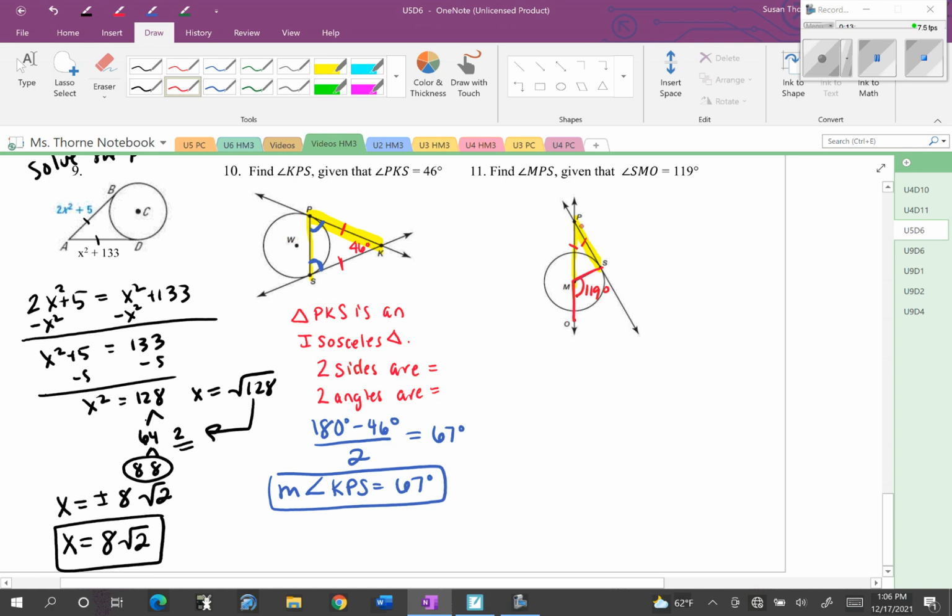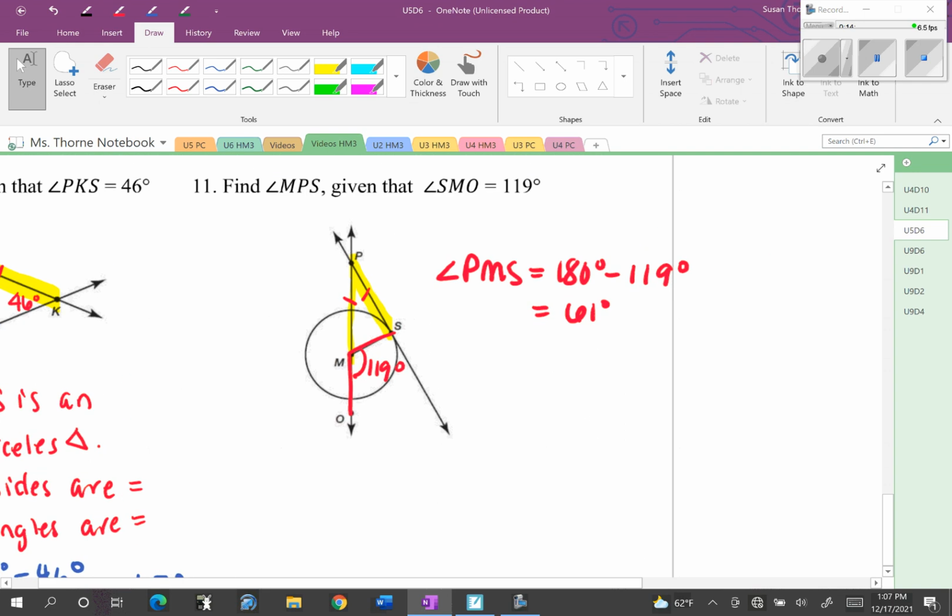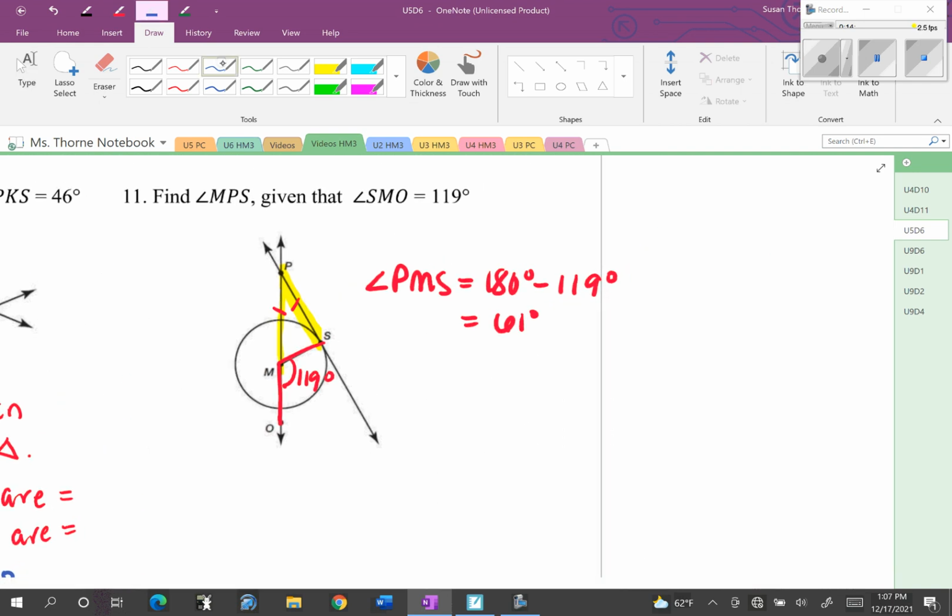PO we have is a straight line. And so remember that these are supplementary angles. So we can figure out what the measure of PMS is. So angle PMS equals 180 degrees minus 119 degrees, which gives us 61 degrees. Let's zoom in a little bit on that. So that is 61 degrees.